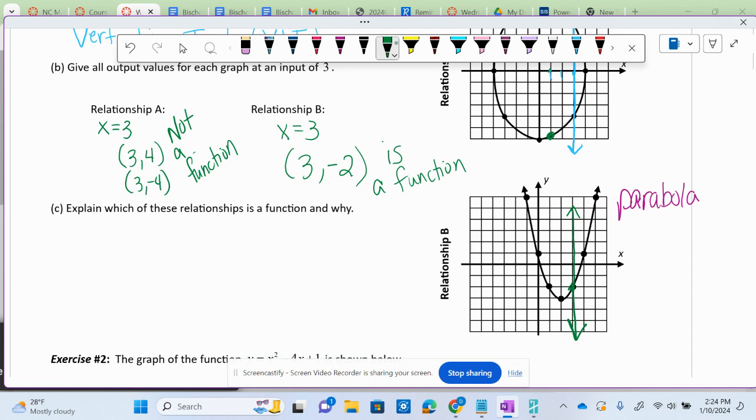So it says, explain which of these relationships is a function and why. Well, I'm going to use that definition exactly.